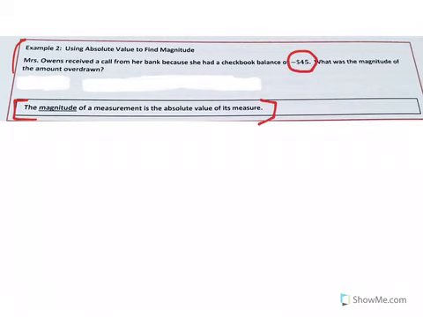What was the magnitude of the amount withdrawn? Well, if we need to find the absolute value to get the magnitude, we're looking at negative 45, and we want to find the absolute value. The absolute value of negative 45 is 45 because it's 45 away from 0. Then to describe the magnitude, essentially you're just describing it in this way.